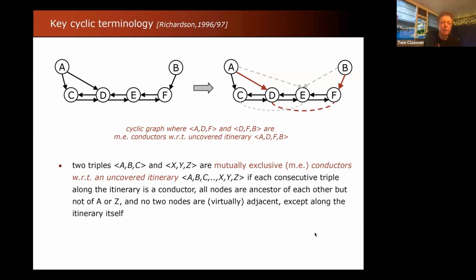If you include the virtual edges, you would recognize that there are some additional virtual edges, and you can see that from A to D to F to B would be an uncovered itinerary, and then ADF would correspond with a conductor, DFB would correspond to a conductor, and together they form these mutually exclusive conductors with respect to an uncovered itinerary. And these are also really important because they're unique to cyclic models. So next slide, please.